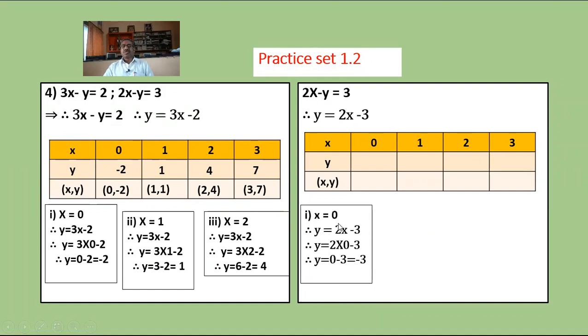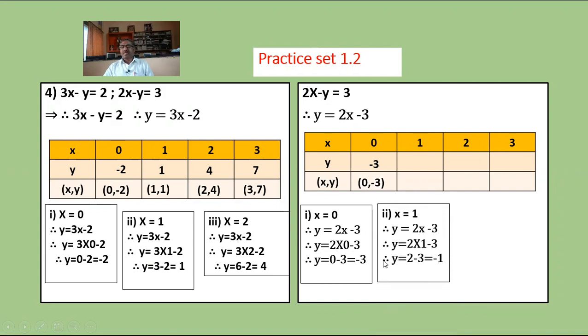First, x is equal to 0, then y is equal to 2x minus 3, 2 multiplied by 0 minus 3, 0 minus 3 is equal to minus 3. Then we get the coordinate (0, minus 3).